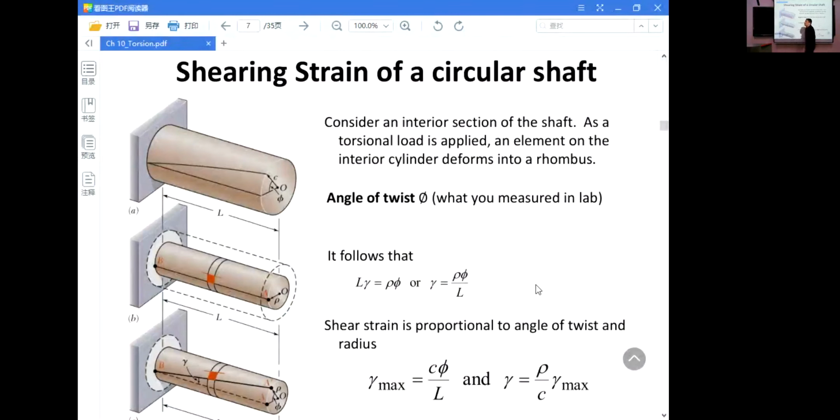So they must be equal. So we can get the shear strain.